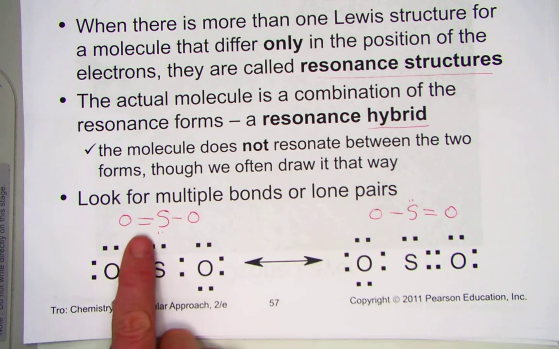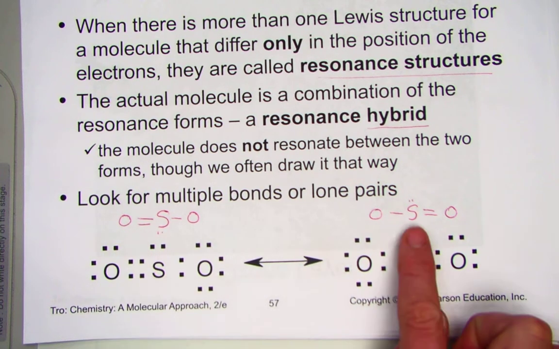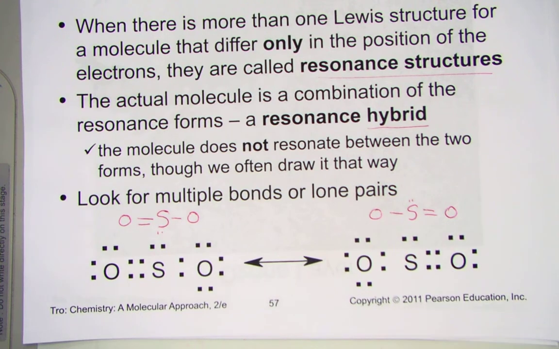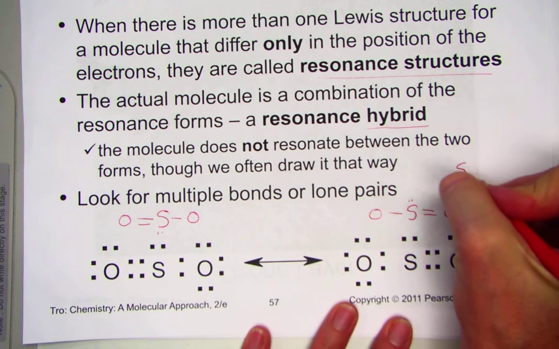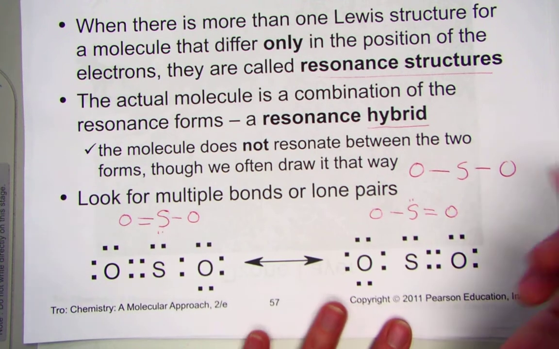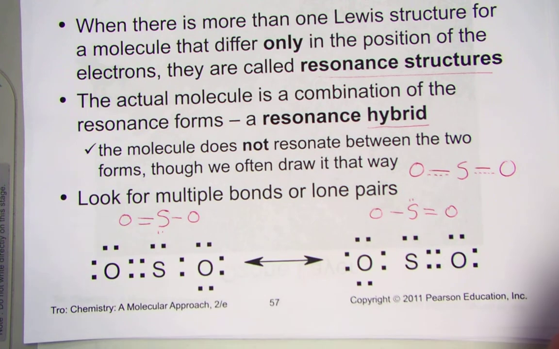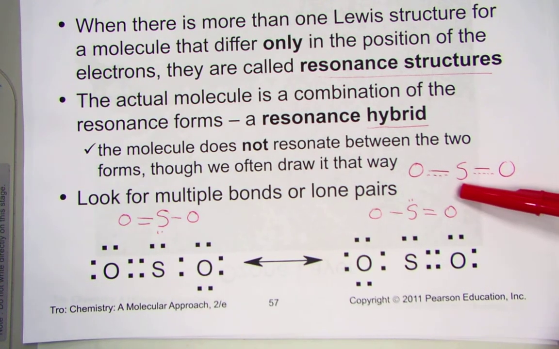We are actually changing the location of the double bond from the oxygen on the left to the oxygen on the right. The truth of the matter is, it's not this picture or this picture, but a combination between the two. In a resonance structure, you'll often see this little hybrid bond, a dashed line, to represent the in-between structure.